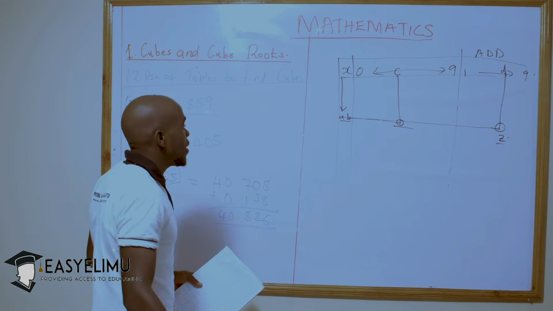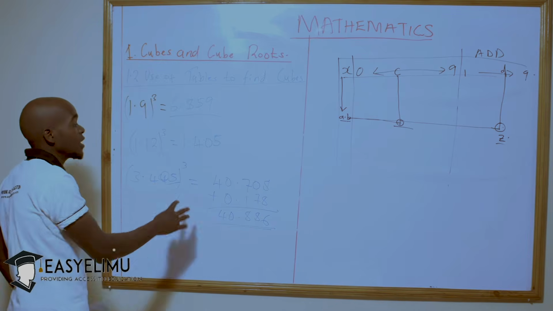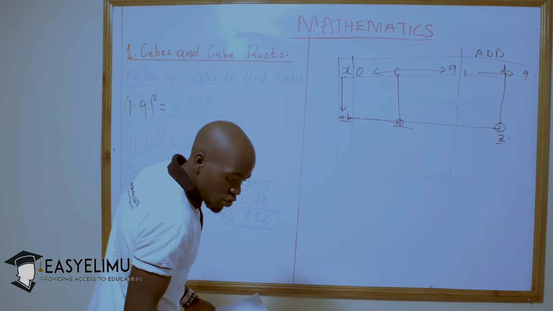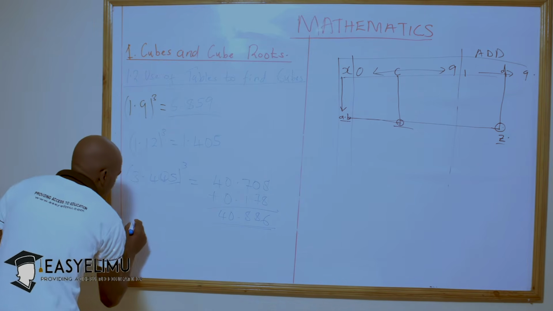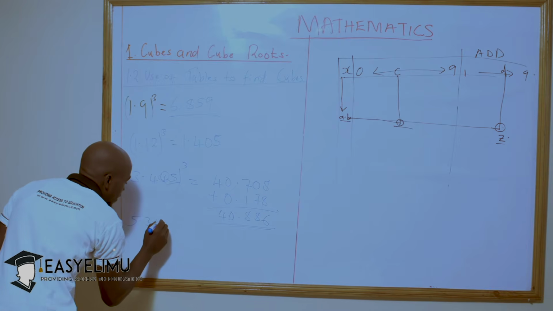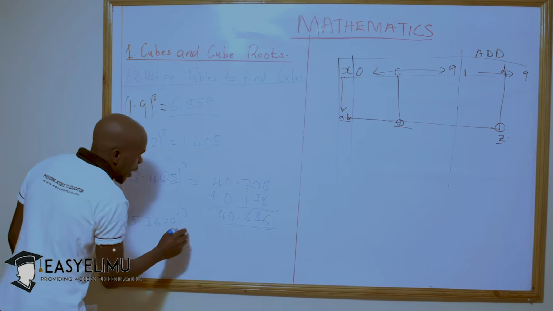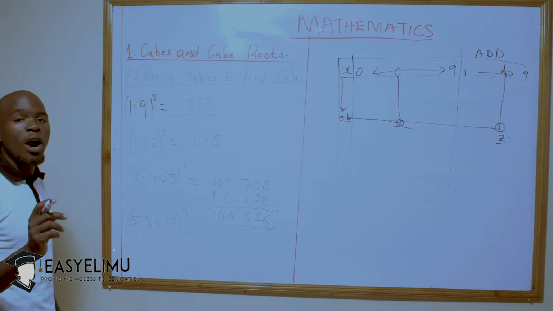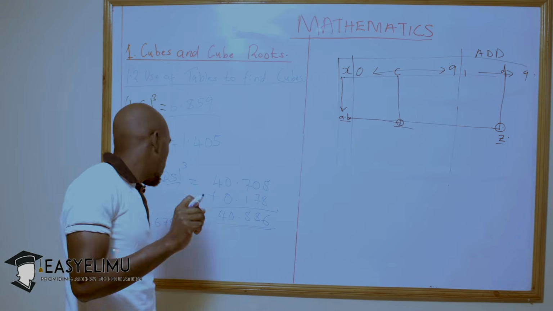In some instances, you may be given a number which exceeds 3 decimal places. For instance, you may have 5.3679 and be asked to find the cube of that number. The first thing you have to do is round that number to 3 decimal places.